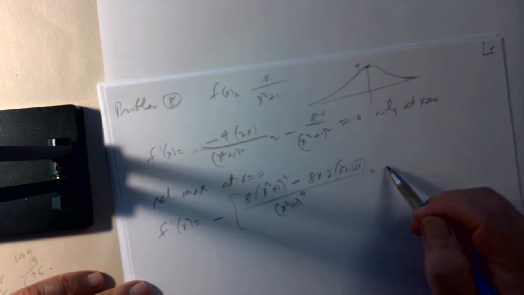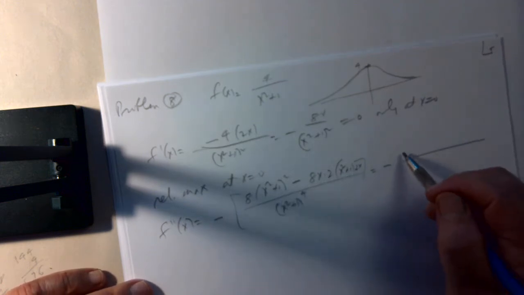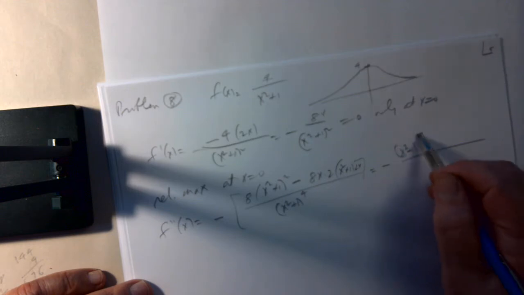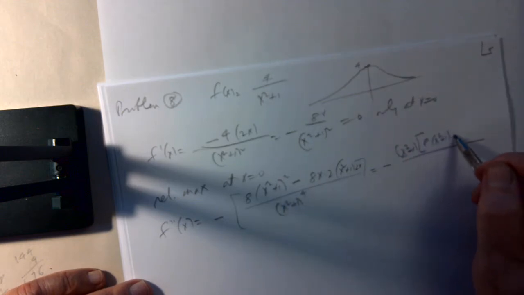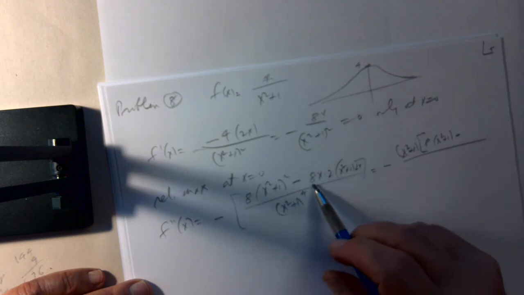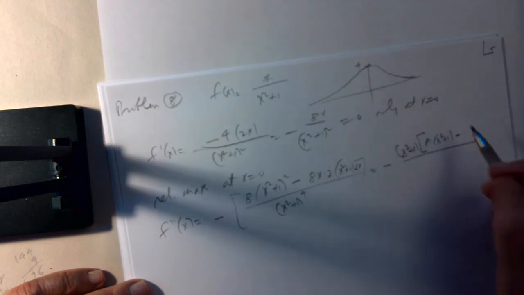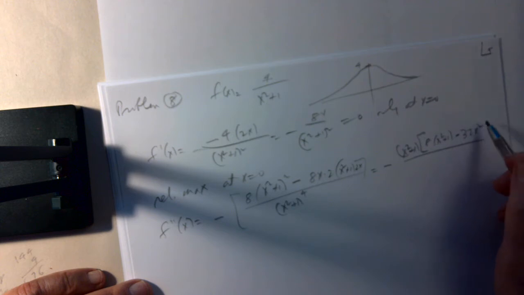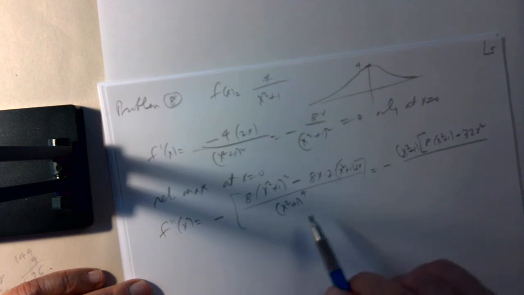So this is minus, I can factor out an x squared plus 1. And what I get is 8 times x squared plus 1 minus 8 times 2 times 2 is 32x squared. You factor out x squared plus 1, you get 32x squared.